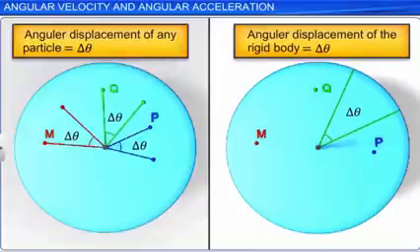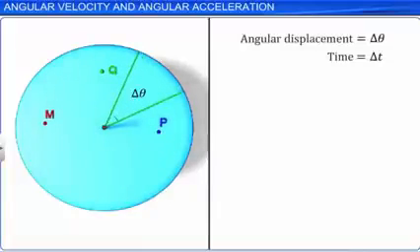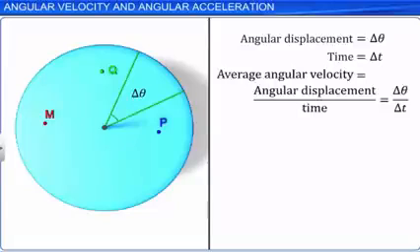If the angular displacement of a rigid body is delta theta during a small time interval delta t, then the average angular velocity of the particle is defined as the ratio of delta theta to delta t.